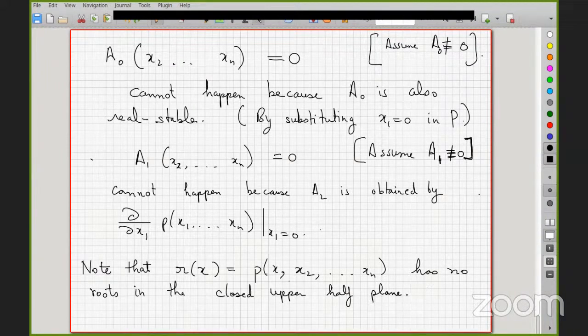Right, because otherwise, if it had, then the polynomial obtained by putting the root in the first coordinate would be real stable, but that contradicts this.